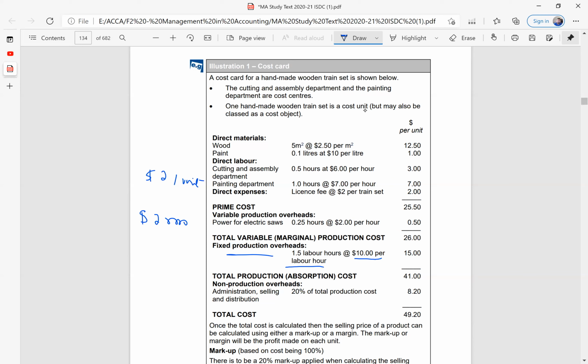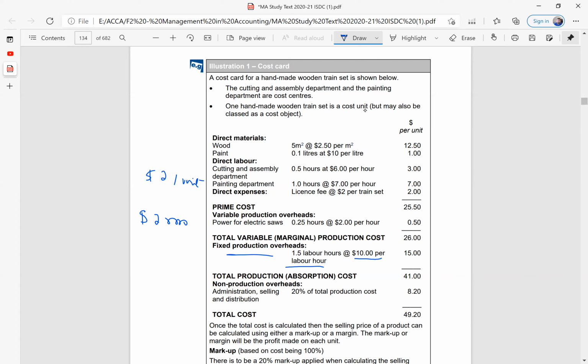But if it had asked for total, they would have given the fixed production overheads as total only. For variable production overheads, they would still have given you $7 per hour, $6 per hour, and you would have to multiply it by the units to get the total. Makes sense? Yes.